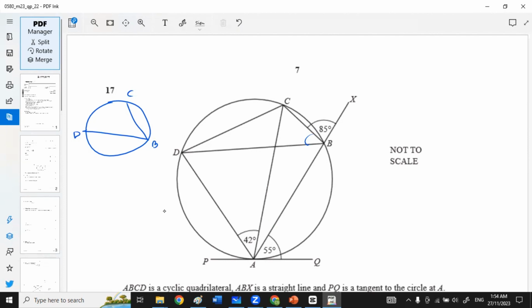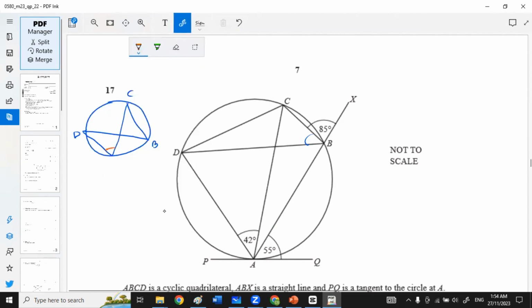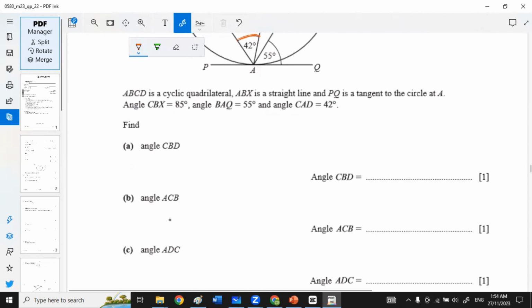Just split. Here we have angles in the same segment, so this angle should equal this one here. Therefore, your answer will be 42.